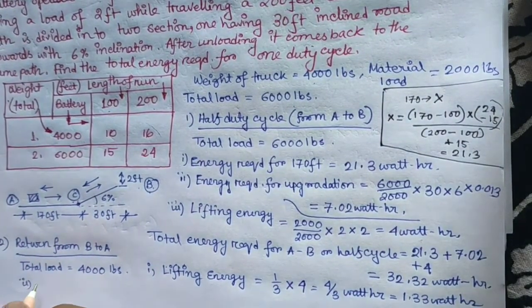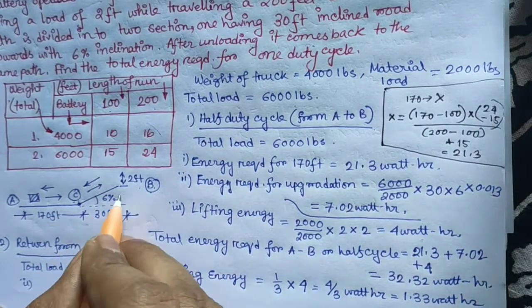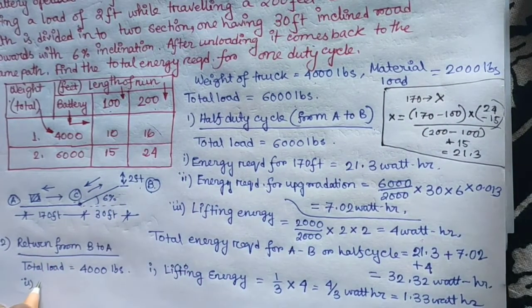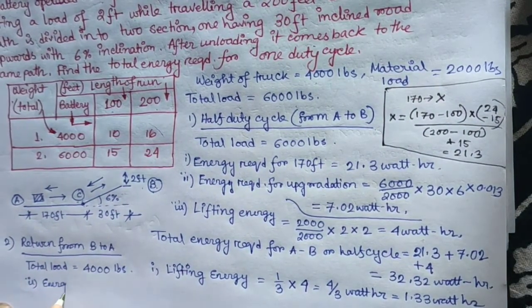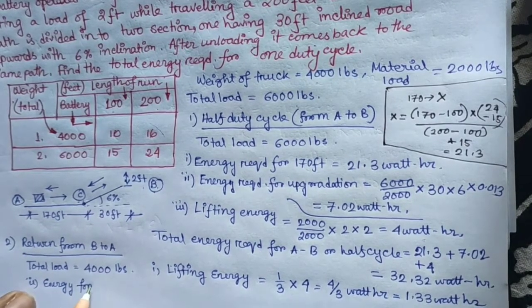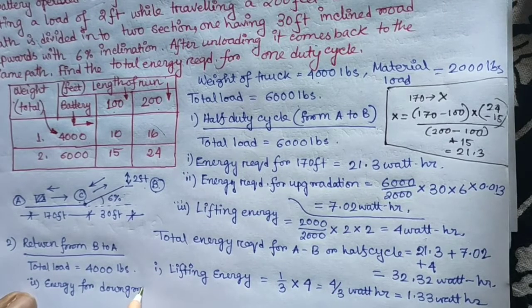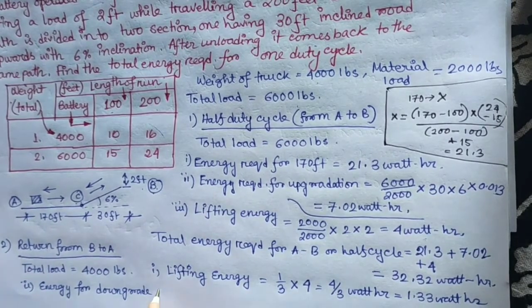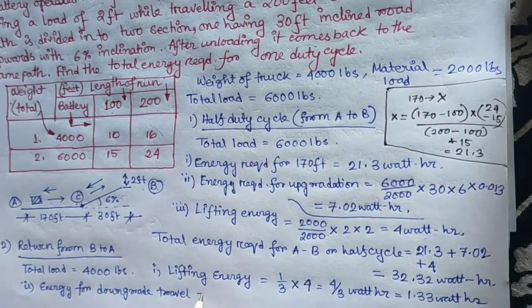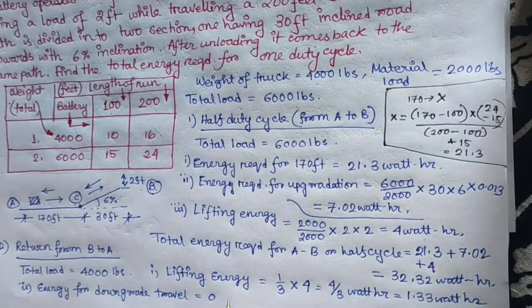Number 2, now energy for downgrade travel, that will be 0. Why 0?